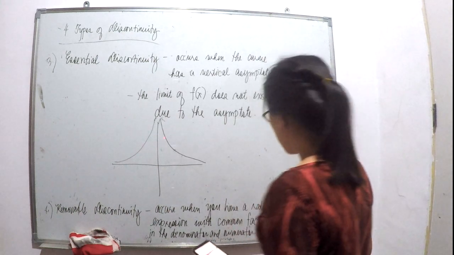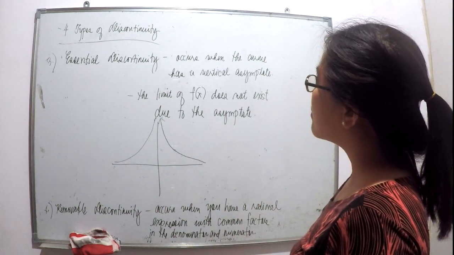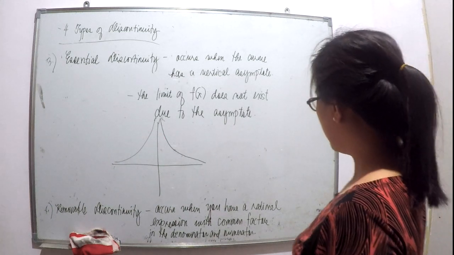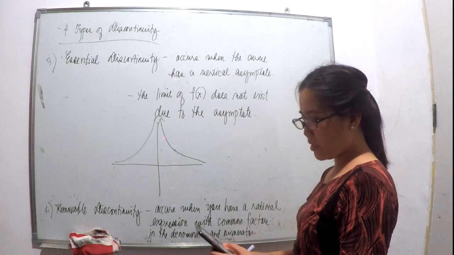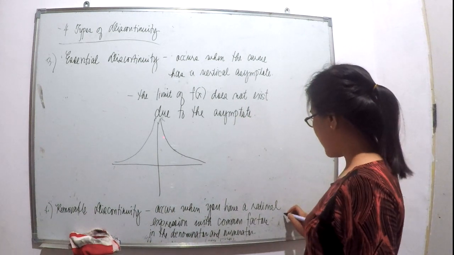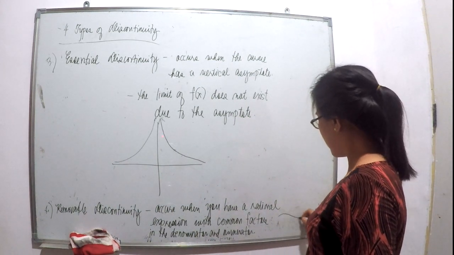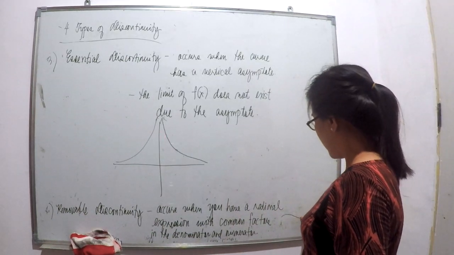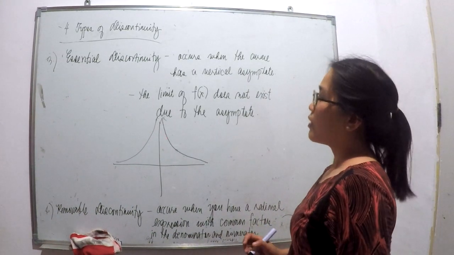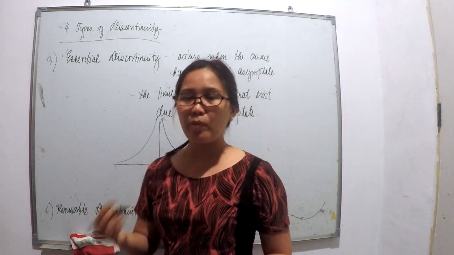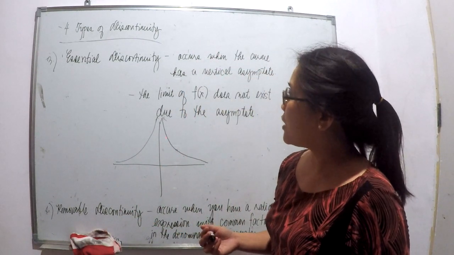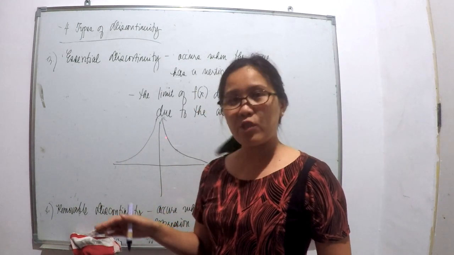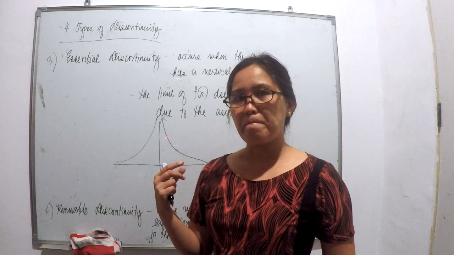So the graph for a removable discontinuity looks like this. There is a hole here. Okay? Now, by the way, class, for the point discontinuity, I think we forgot to illustrate the graph.